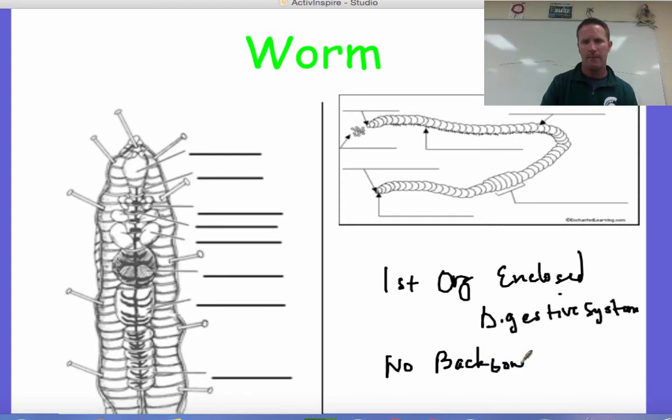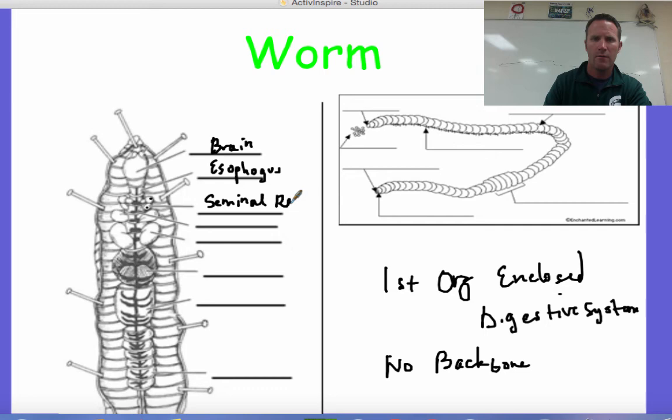Okay, some of the distinguishing features about worms. Up here is a brain, so it did have a brain, wasn't very big, but a brain nonetheless. This is the esophagus. Might be called the pharynx, same thing. These two little guys right here were the seminal receptacles. That's where it's going to receive semen from another worm.